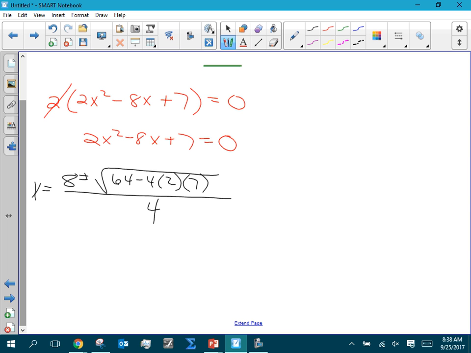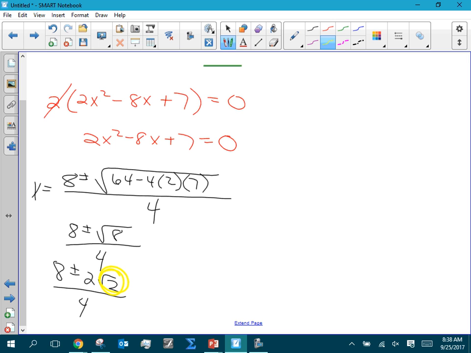So it's going to give me 8 plus or minus radical 8 all over 4. I would simplify this before I start canceling, because the square root of 8 is 2 radical 2, right? So now there's a factor of 2 in all those, we cancel out. When I cancel out the factor of 2, this is something I see a lot of times.